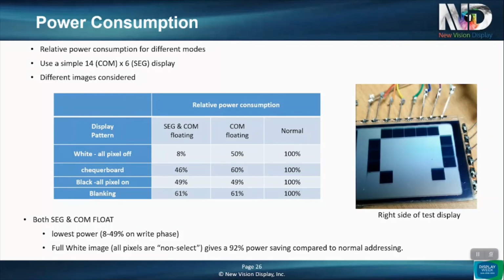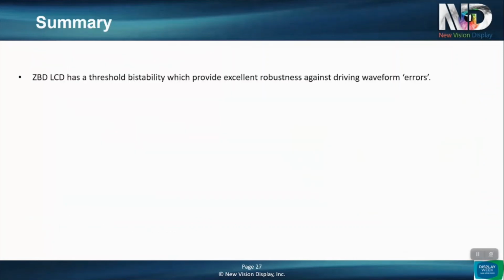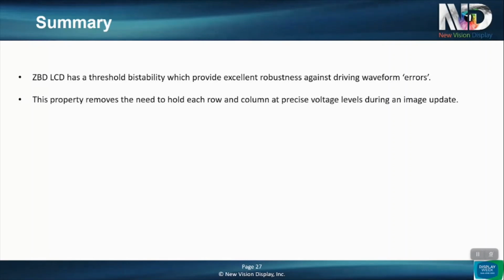So just to sum up, we've got a technology here which has very good threshold bistability, and that gives us some degree of robustness against drive waveform errors. So imagine those floating signals as errors, if you like, and so that removes the need to hold all the rows and columns at precise voltages during an image update.